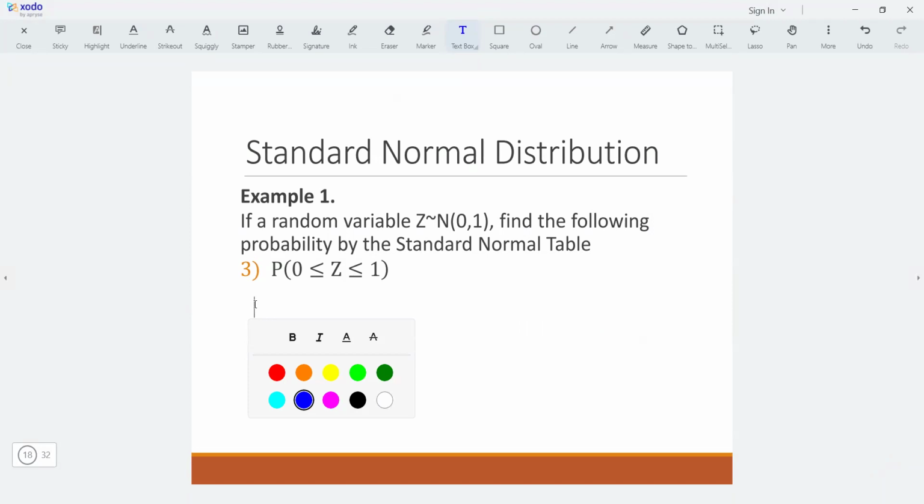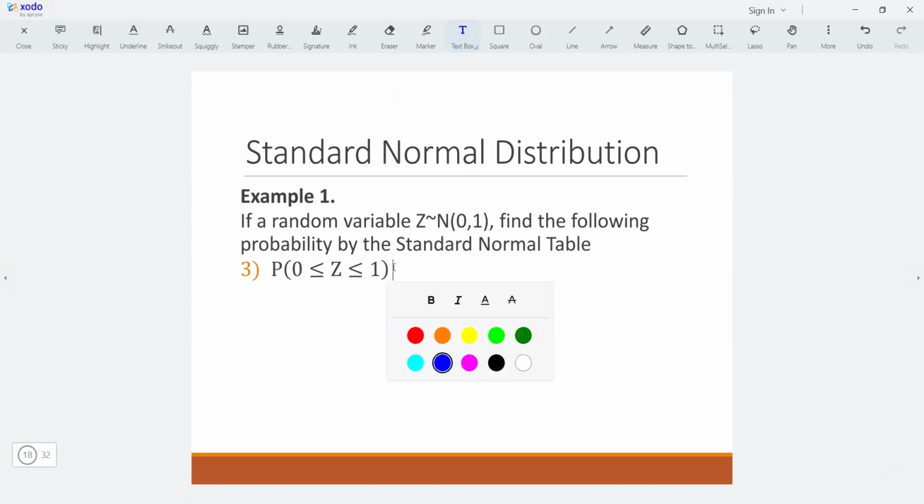By the property of the cumulative distribution function, the probability z between 0 and 1 is equal to the probability z smaller or equal to 1 minus the probability z smaller than 0. So we can use this subtraction to find the probability when the variable is between 0 and 1.